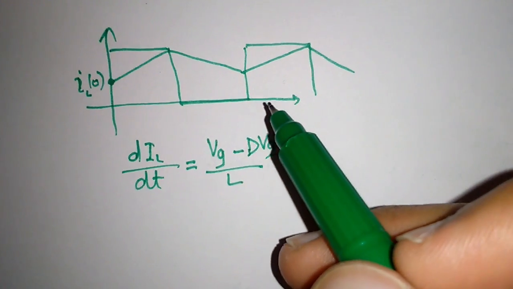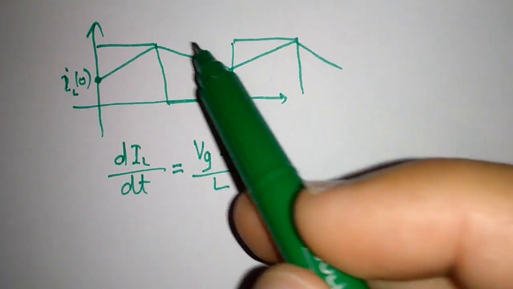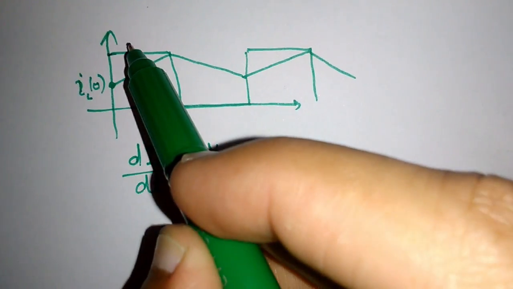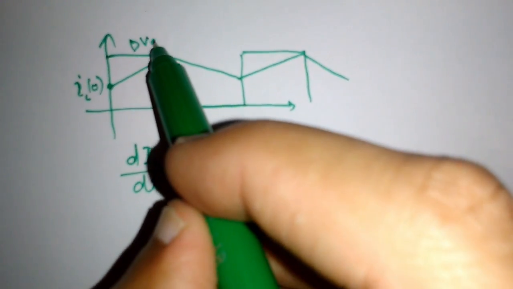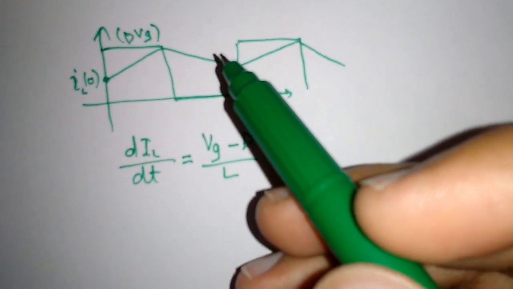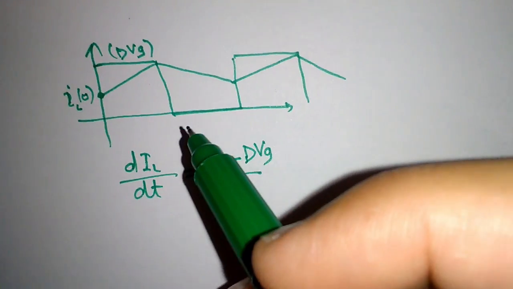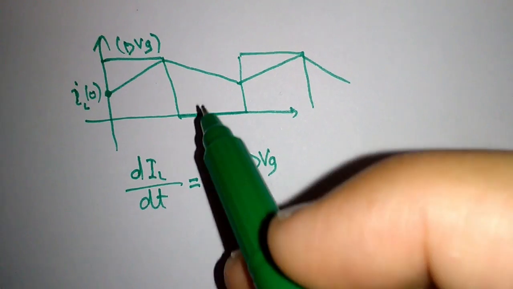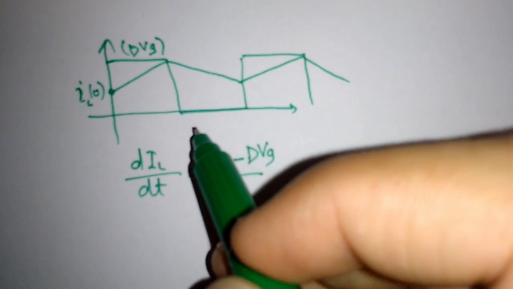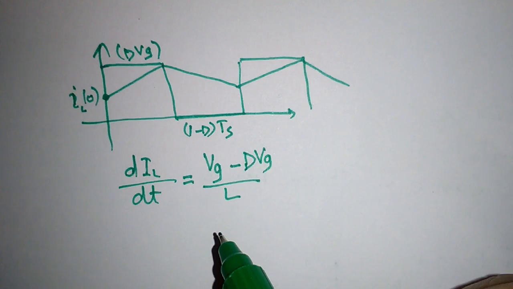We talked about that the output voltage remains at this point for DVg amount of voltage, for the amount of time it remains at position 1, and then it is 0 for 1 minus D Ts amount of time.